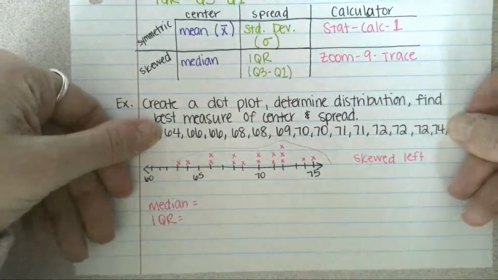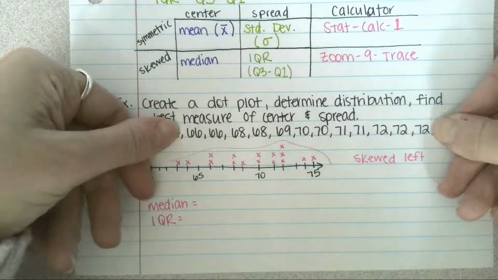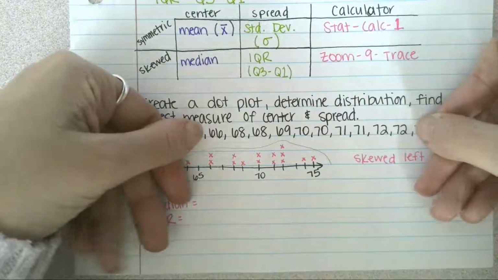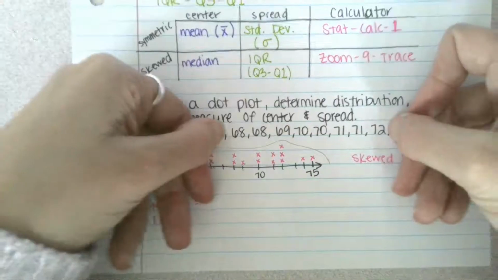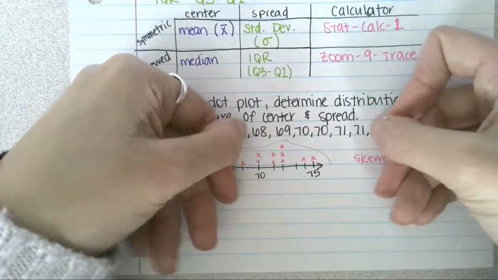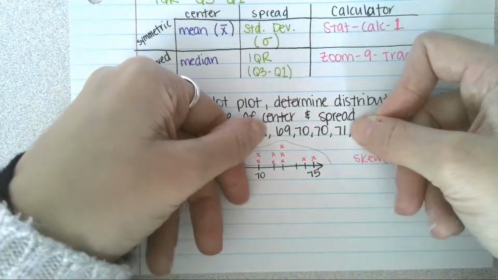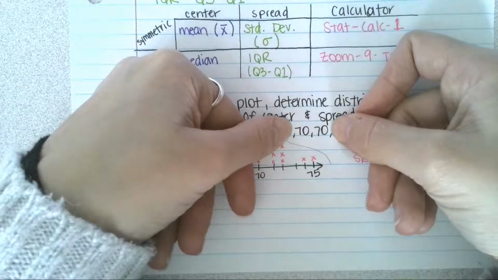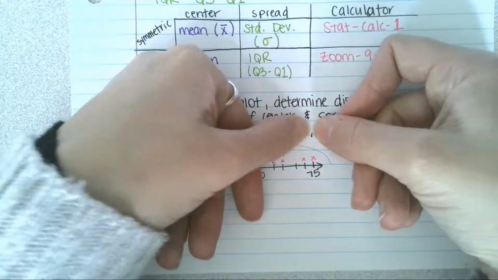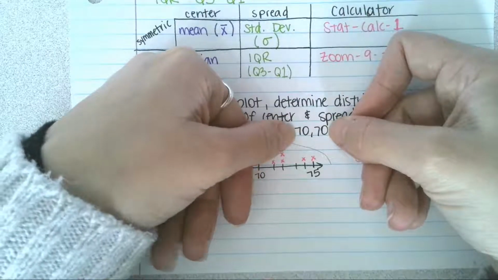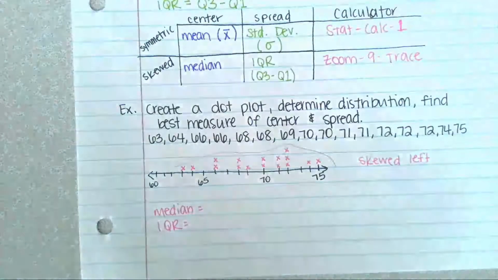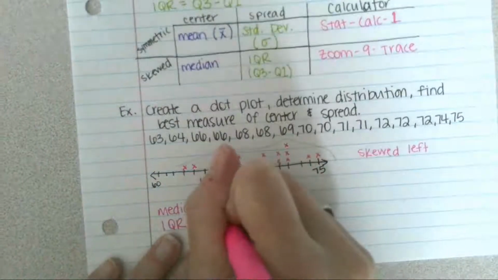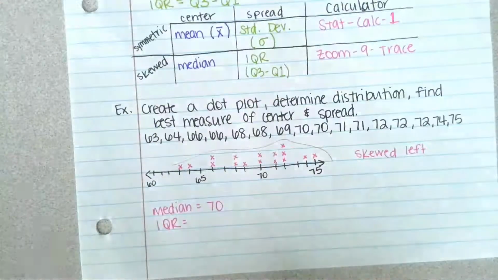Then I'm going to move in to 64 and 74. And then I'm going to keep pairing up these numbers from outside in until I get to these two 70s in the middle. If I cross them both out, the thing between 70 and 70 is 70. So my median should be 70. That's my middle value.